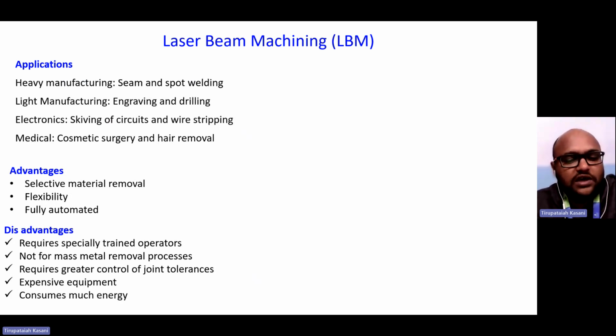It requires greater control of joint tolerances; precise control of the laser beam is very important to improve the strength. That is the reason why it requires skilled operators. It is also expensive equipment and consumes much energy.